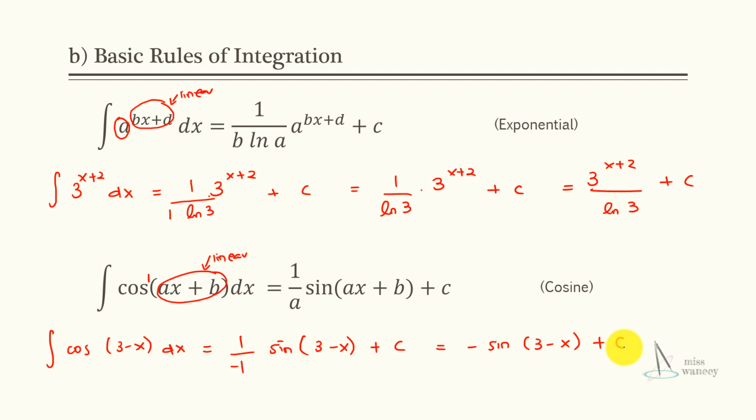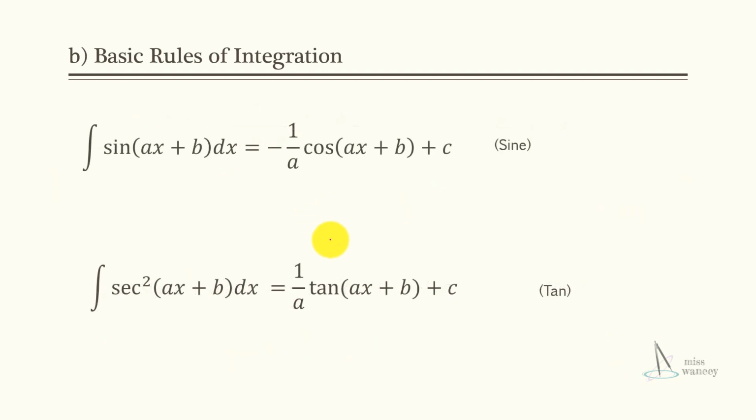So the last two are also trigonometric functions, but with sine and secant square. So if we have a sine, do remember you are going to have a negative in front. So sine of ax plus b, again this one is linear. Sine of ax plus b, so -1 over a, cos of ax plus b, plus c.